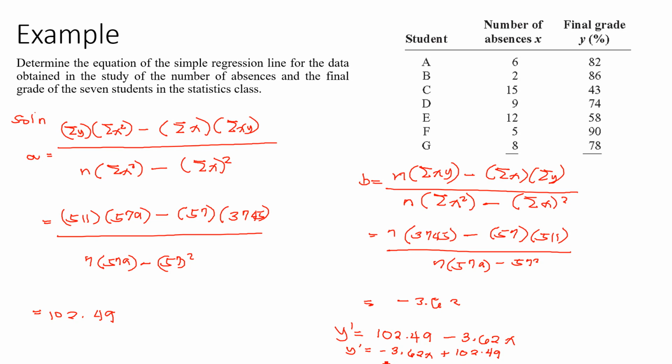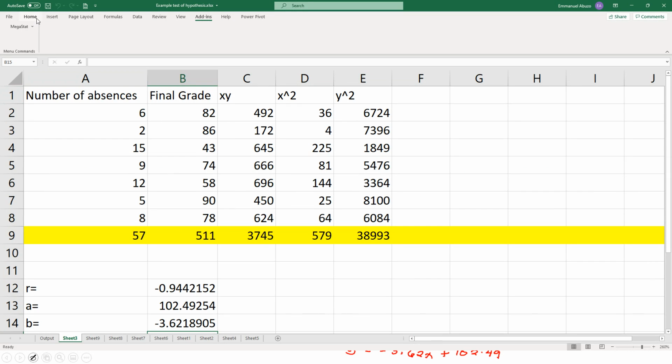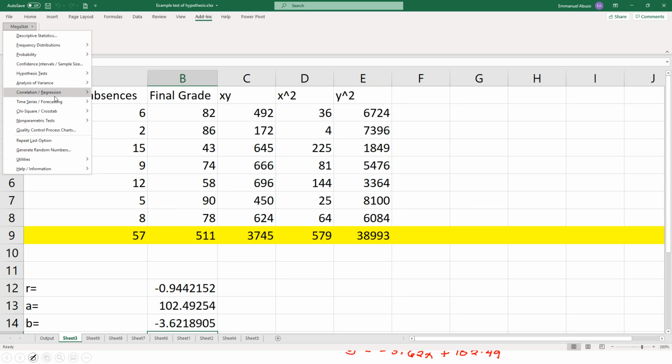If we wish to see the graph of this one, we go to our Excel. To do that, we go to add-ins, MegaStat, then we go to correlation regression, then scatter plot.